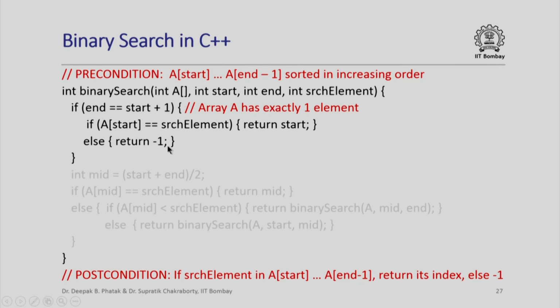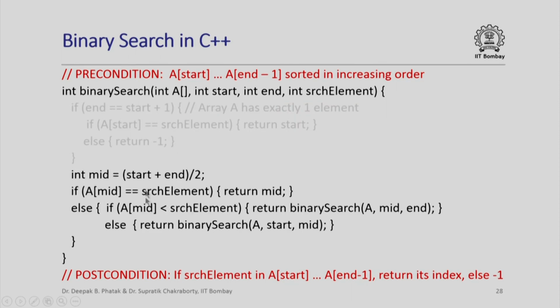As the first part of this function, we basically have one of the termination cases. So if there is exactly one element and if it matches the search element, we return the start index, otherwise we return -1. And in the other part of the function, we compute the midpoint and search if A[mid] matches the search element, then we return the mid index. Otherwise we find out which half of the array we should resume our search in.